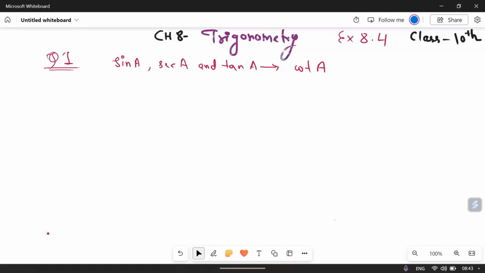So first thing I need to tell you that for this exercise we must remember 3 identities of the trigonometry. Those are, let me write down for you.